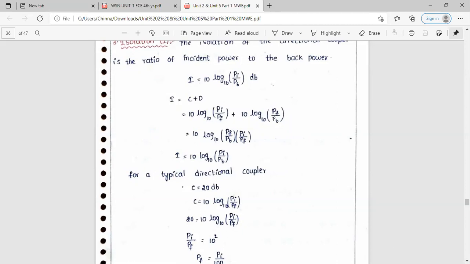Isolation is equal to coupling plus directivity. So 10 log base 10 of PI by PF plus 10 log base 10 of PF by PB. You can multiply both in the logarithmic representation, so PF will be cancelled, and the output will be isolation I equal to 10 log base 10 of incident power by backward power.